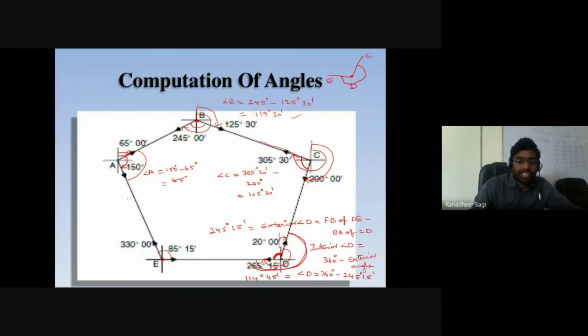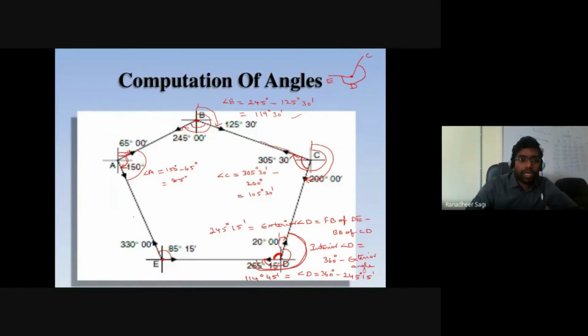So 360 degrees minus the exterior angle gives you the interior angle. Okay. So please solve the rest for station E, and you can check your values.